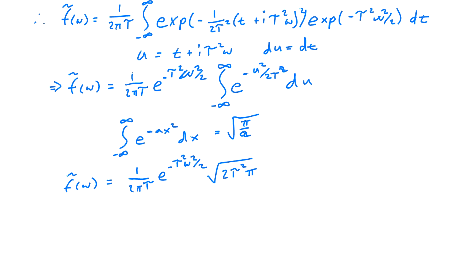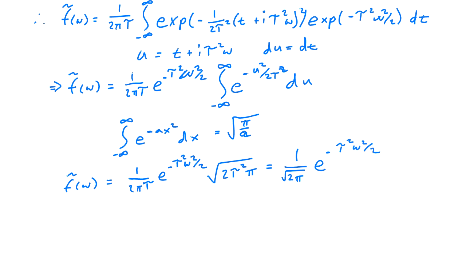Now, this can be simplified further because you can see that the tau can come out of the radical, and you have a 2 pi, square root of 2 pi and a 2 pi. So this whole thing can simplify down to 1 over square root of 2 pi times the exponential of minus tau squared omega squared over 2.